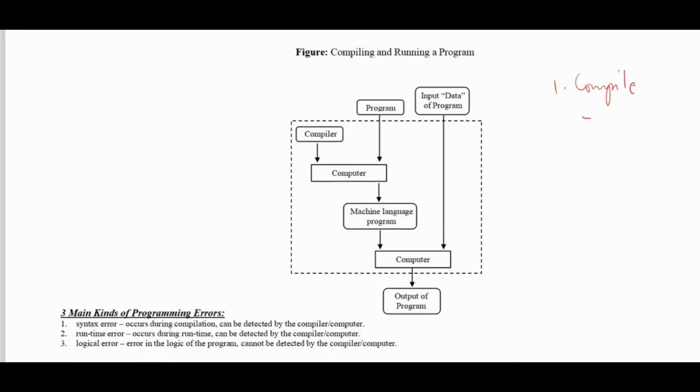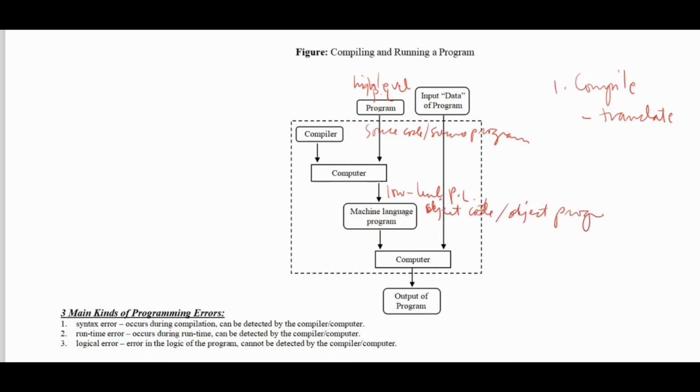To compile is to translate the program which is written in high-level programming language into low-level programming language. So again, the input to the compiler is the source code or source program, and the output is called the object code or object program.